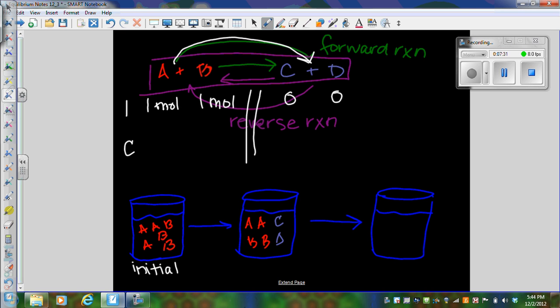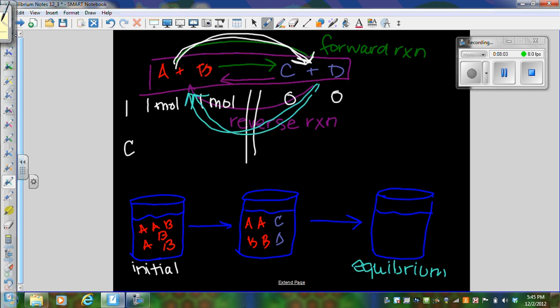Then as C and D build up, there's enough of those to react and go back and form more A and B. And then as more A and B form, A and B react to form more C and D. And this continues until at equilibrium, I'm sorry, I can't write with this pen yet. I will get better.